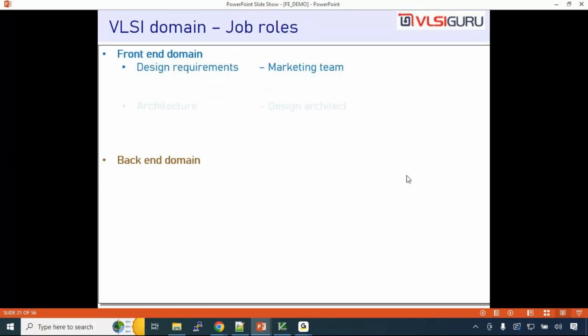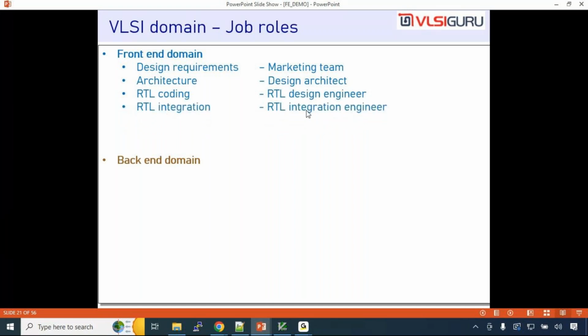Different job roles are like this: the person who collects the design requirements is called the marketing team. The person who develops the architecture is called the design architect. The person who does RTL coding is called the RTL design engineer. The person who does RTL integration is called the RTL integration engineer.